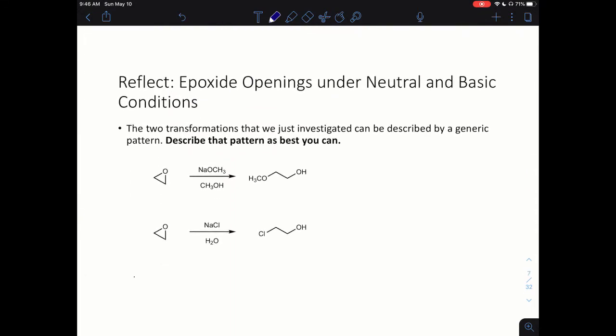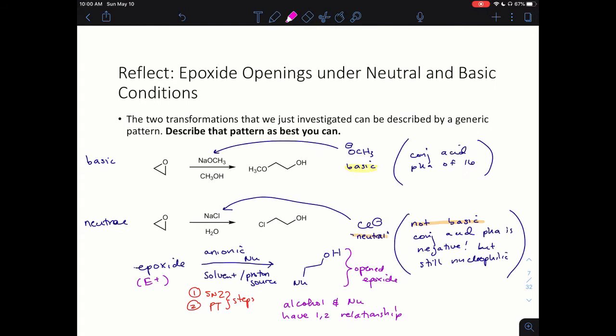Let's go ahead and describe the patterns represented by these two transformations, the one under basic conditions and the one under neutral conditions, as best as we can. In both cases, we have an epoxide acting as the electrophile and an anionic nucleophile. There is some solvent or proton source.